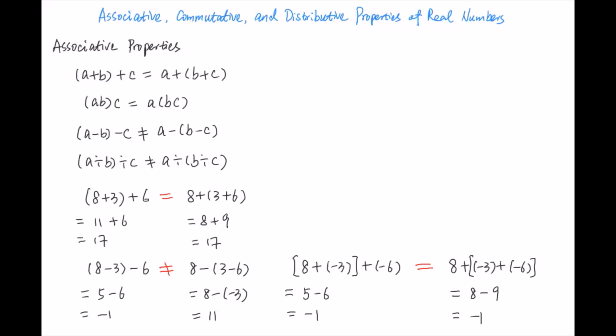Now let's see some examples about multiplication and division. Here is an example about multiplication of three real numbers, 6, 3, and 2. On the left side, we group 6 and 3.